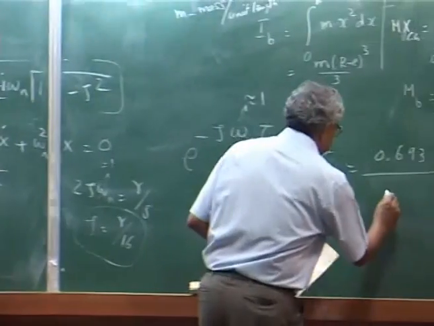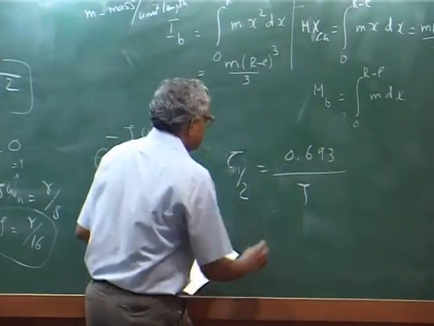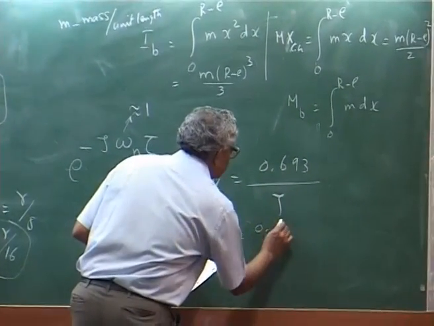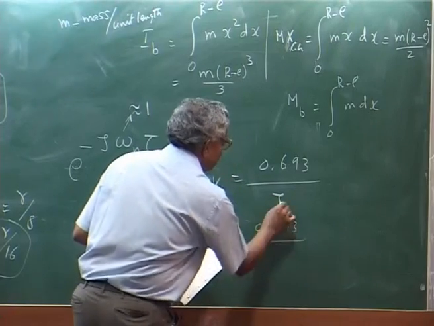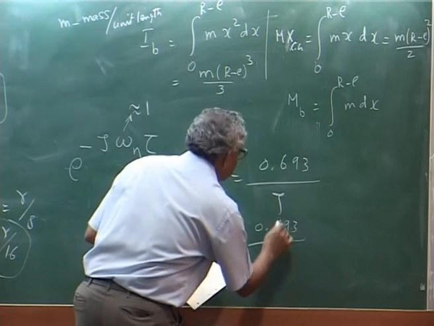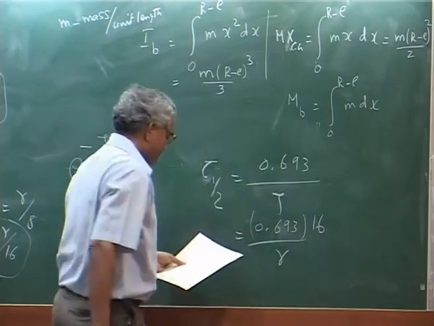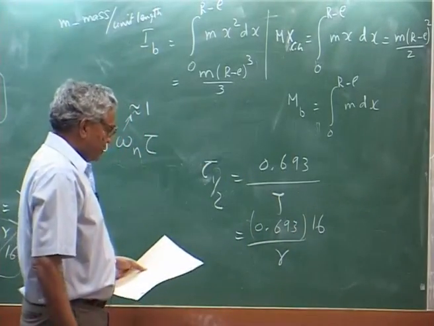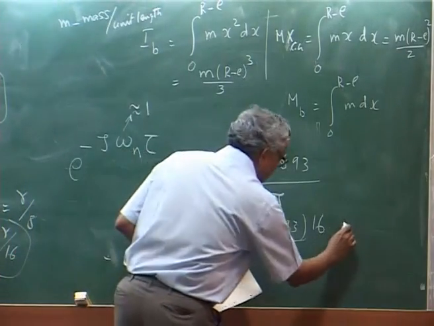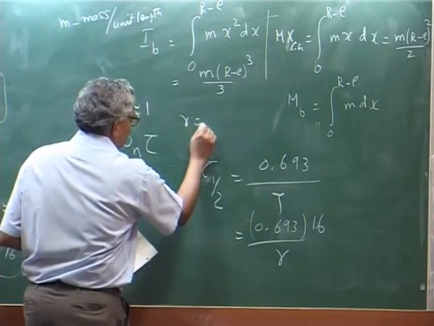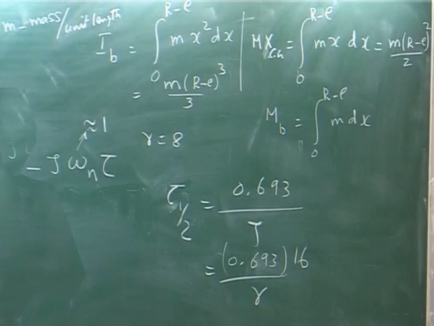So, here it will be 0.693 divided by gamma over 16. You take 16 here, you take gamma here. If you take gamma as 8, the value becomes non-dimensional time.